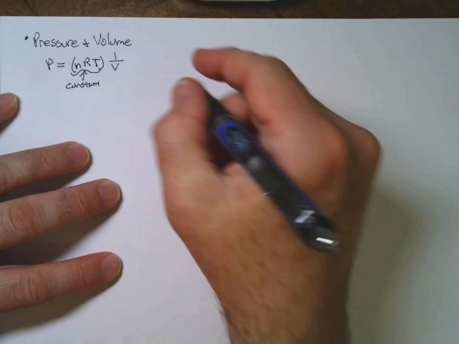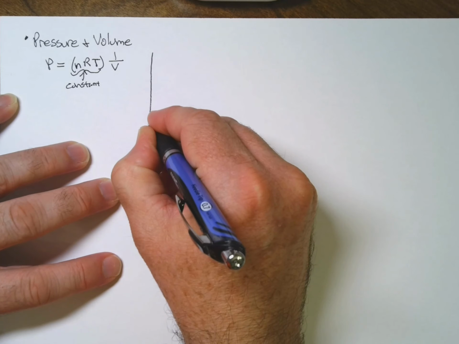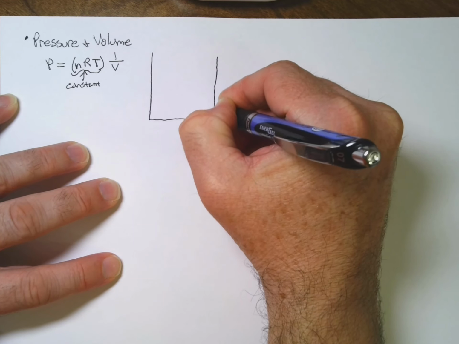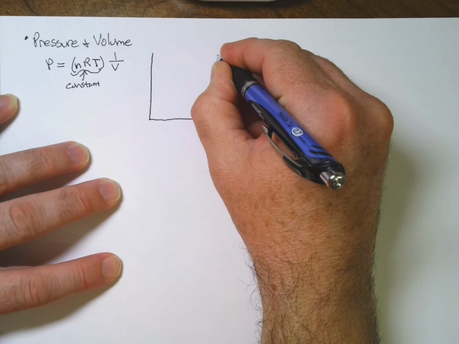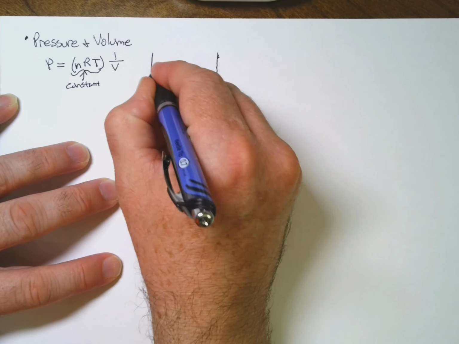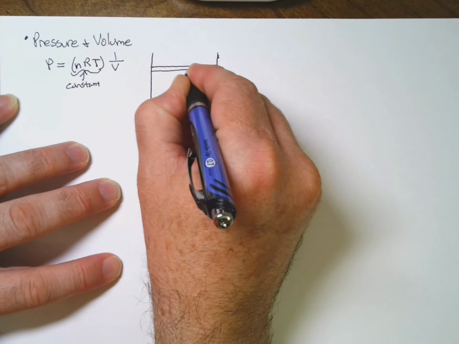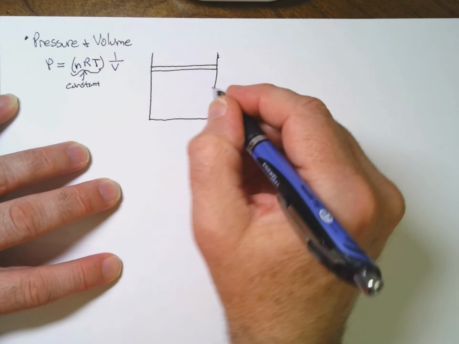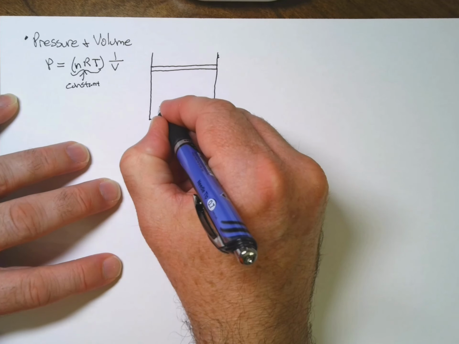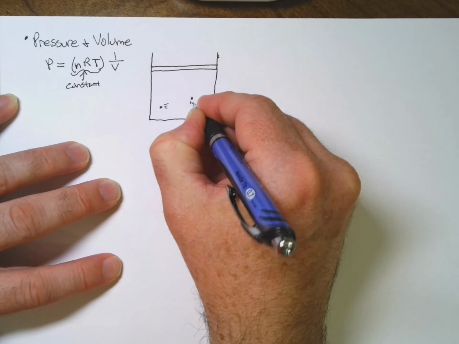So let's take a look. Let's take a cylindrical container, and we'll have a cylinder with a piston in it. We'll have this movable piston, and it can move up and down. And we'll have some particles of gas in here. They're kind of zipping around.